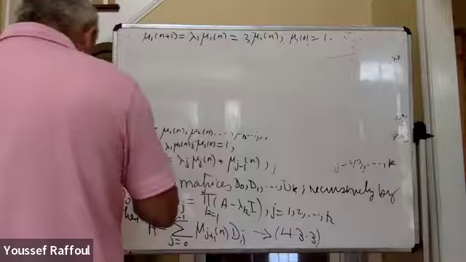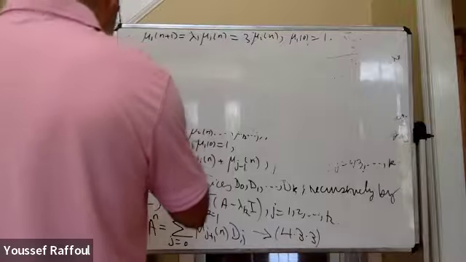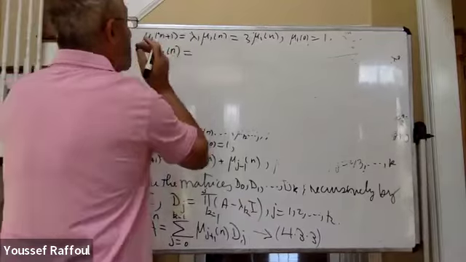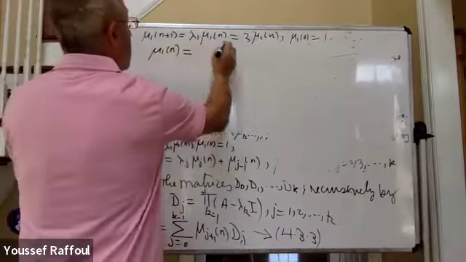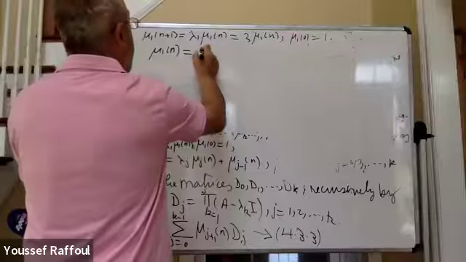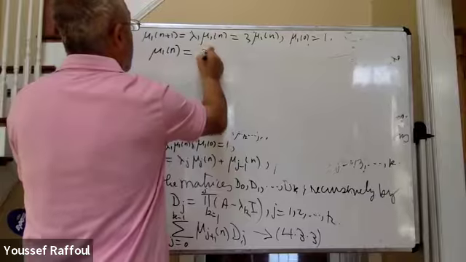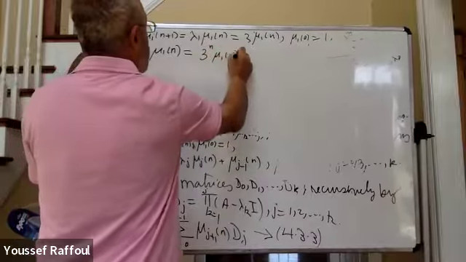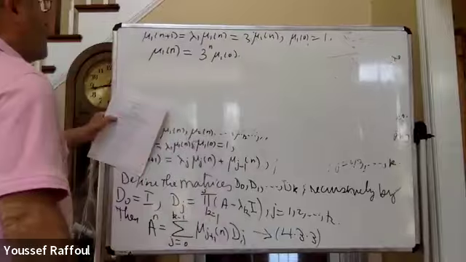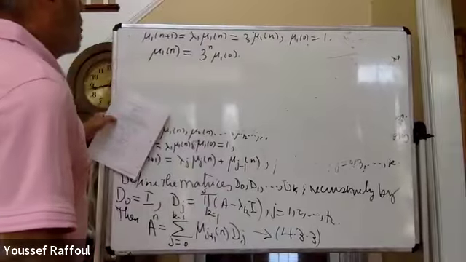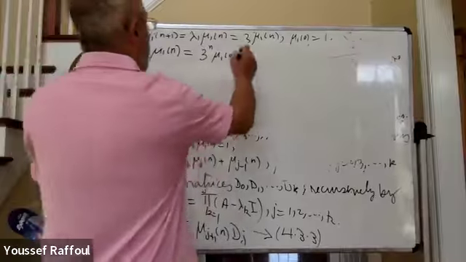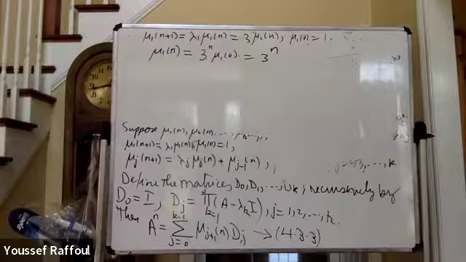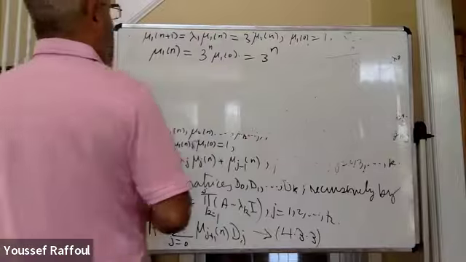Well, that's easy. So the solution is 3 to the n times mu1 of 0, but mu1 of 0 is 1. So this is 3 to the power n.